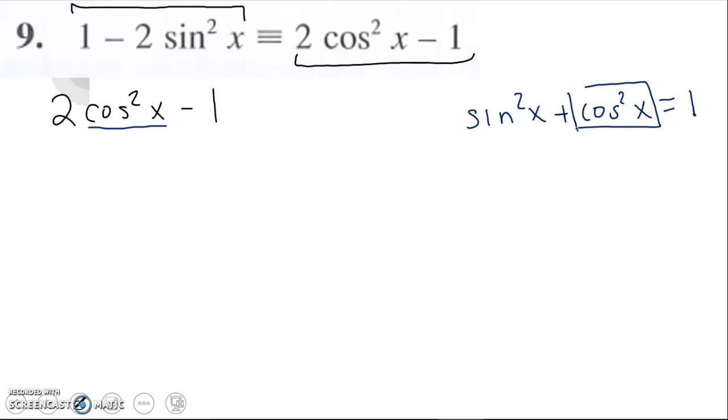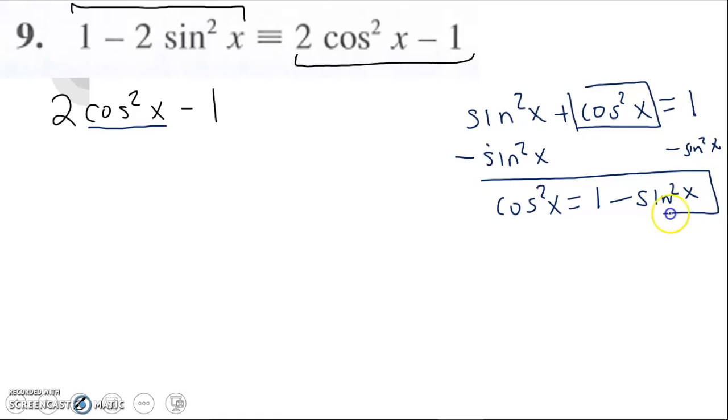So I can do minus sine squared x on both sides, and what I end up with is cos squared x is equal to 1 minus sine squared x, right?